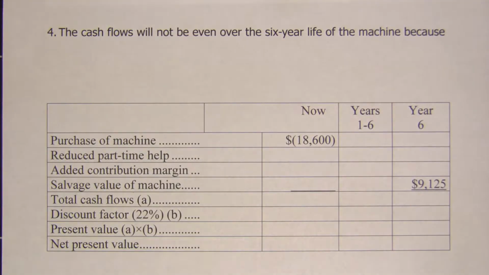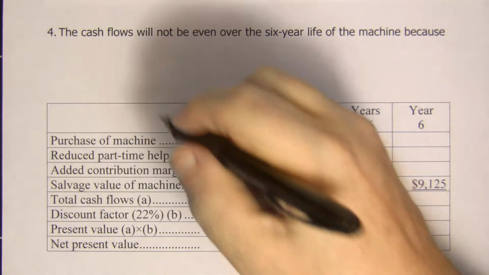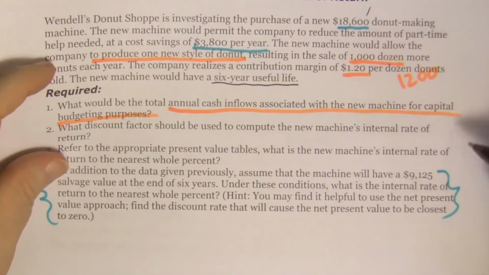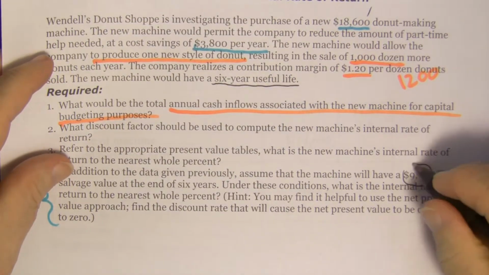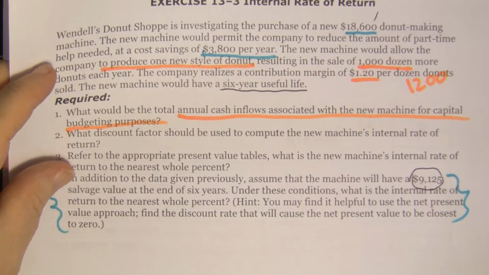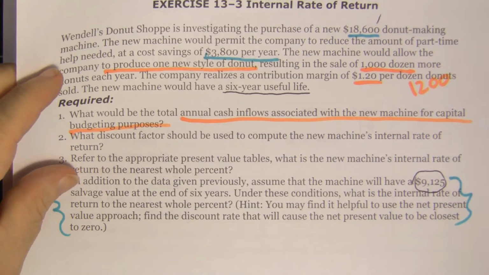Now, for the next part, they tell you the cash flows will not be even over the 6-year life of the machine, because at the end, they can sell this machine for $9,125 in salvage value.